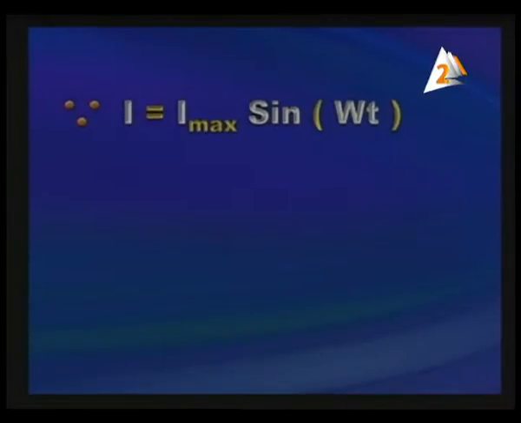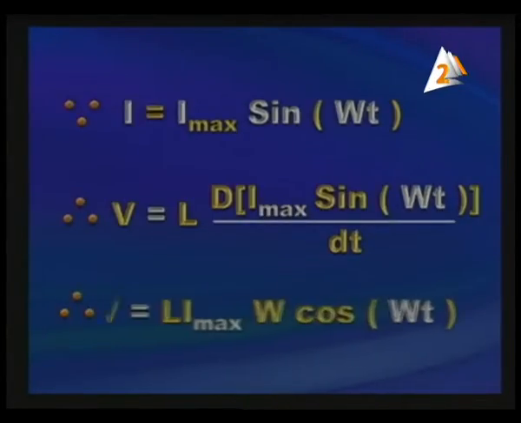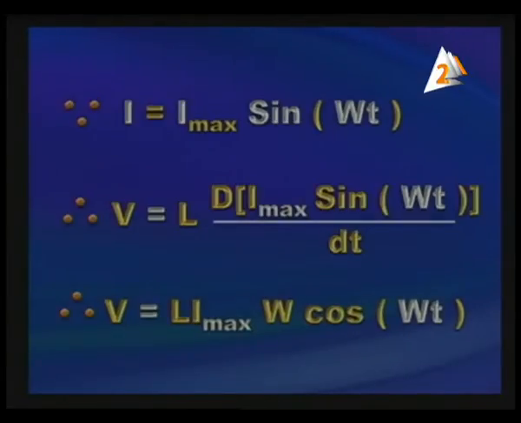Current is given by the relation I is equal to I maximum sine omega t. So V is equal to L, okay, first derivative of the current. Current is equal to I maximum sine omega t. So we can say V is equal to L I maximum omega cosine omega t.